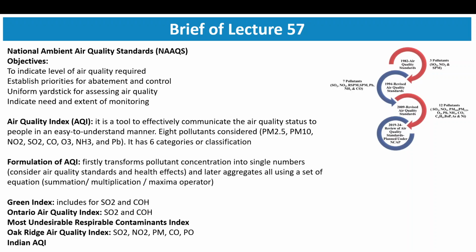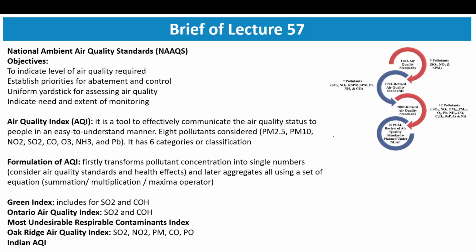So instead of that, what you do, you have an index, you have a number which will tell you the overall idea of what is the quality of air. So you have different numbers and different categories based on which you will get the idea of it.